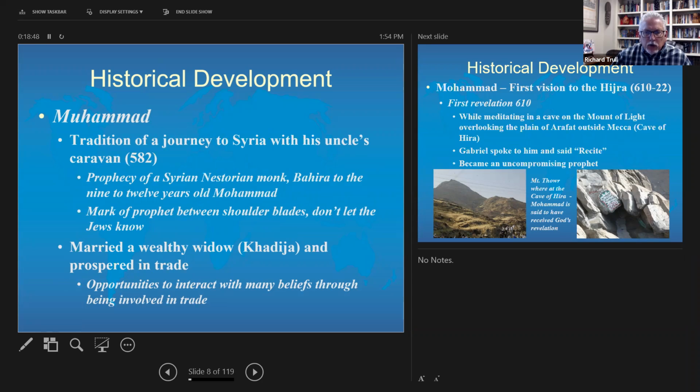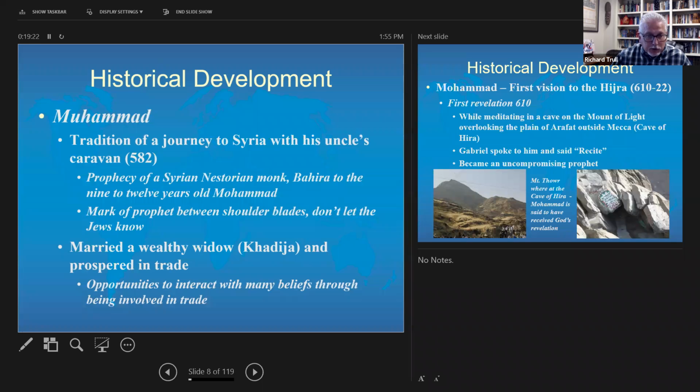On one particular visit, they ran into a Syrian Nestorian Christian monk, Bahira, and he was at this time, they figured, aged 9 to 12 years old, and the monk prophesied that this person right there in front of him, Muhammad, would be a great prophet. And he had the mark between his shoulders to prove that.